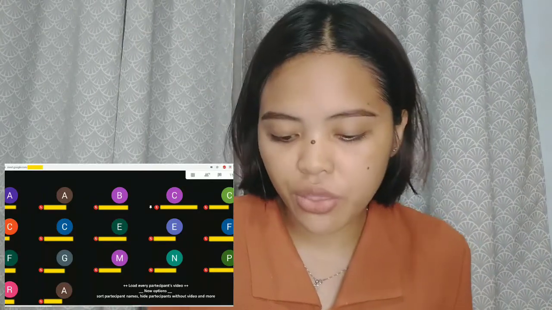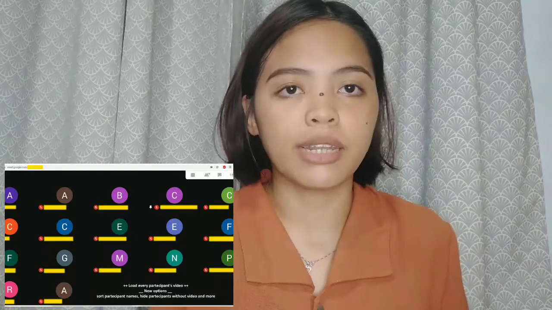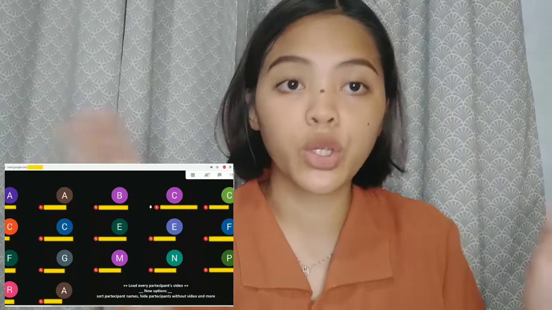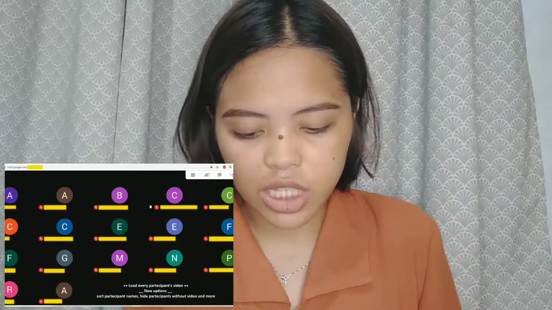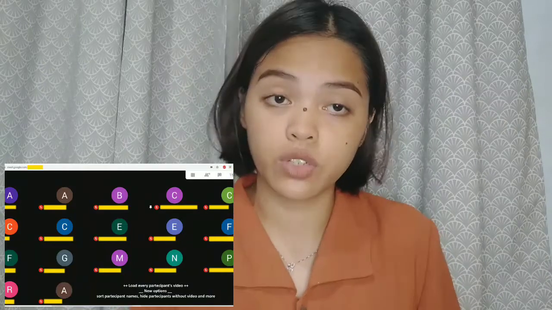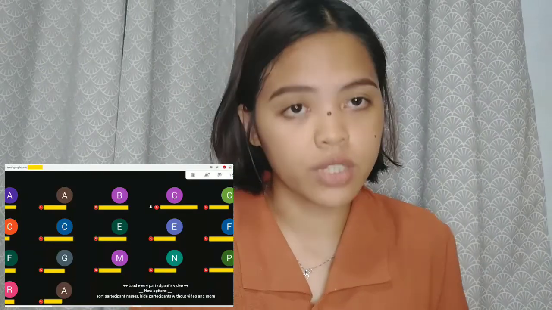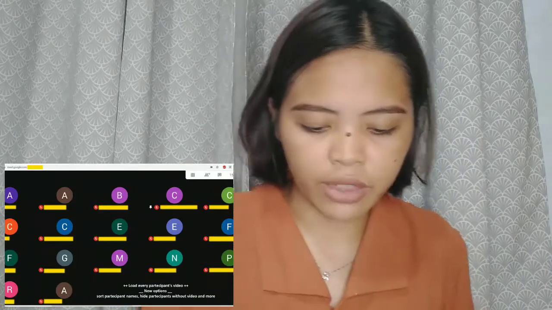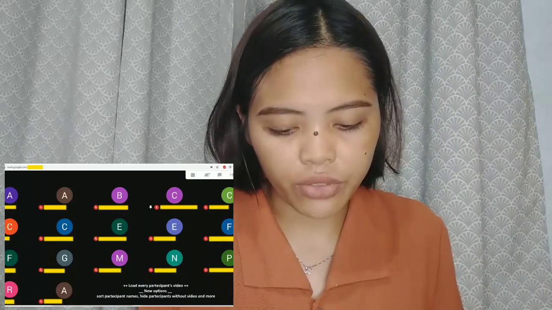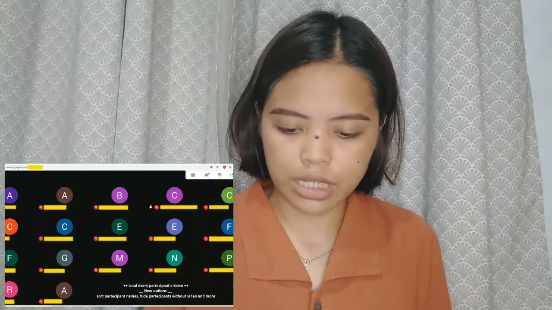Okay, so let's proceed to the law of codominance, or the law of complete dominance. So in your book, it states that this principle states that the cross between homozygous dominant genes and recessive genes will result to an offspring or a progeny of heterozygous genes determining a phenotype where both the dominant trait and recessive trait are expressed.